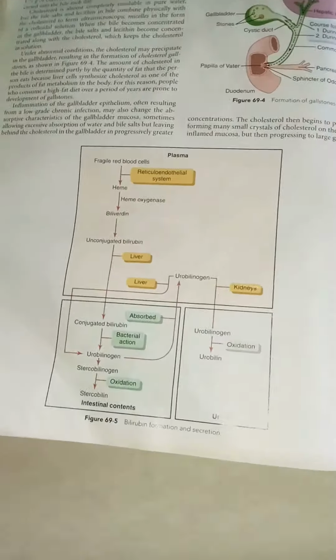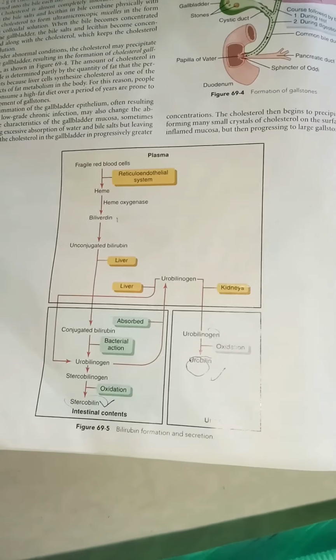After entering the intestine, it gets conjugated mainly with glucuronic acid and forms urobilinogen, and next it forms stercobilinogen. Oxidation forms stercobilin in the intestine. So in feces it is released as stercobilin, whereas in urine urobilinogen is converted into urobilin. In the liver, this urobilinogen is transported to the intestine and urine. So this is the main flow chart for bilirubin formation.